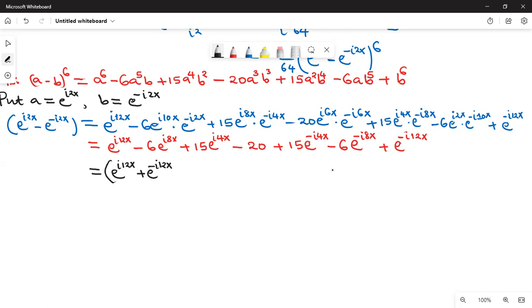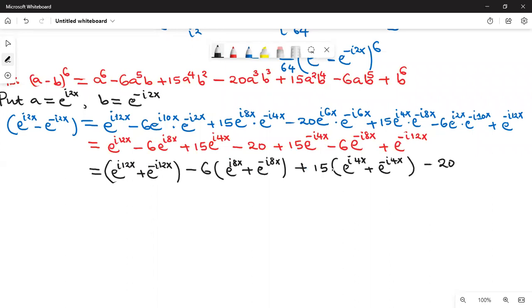So that's one group. Then there's minus 6 outside, exponential i8x plus exponential negative i8x. Then you can see there's a plus 15, exponential i4x plus exponential negative i4x. Then lastly minus 20.